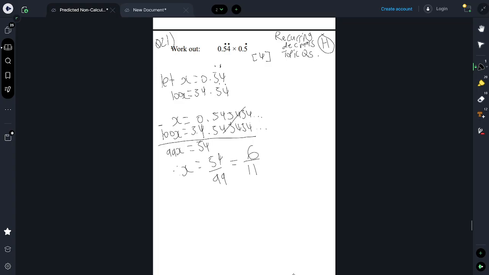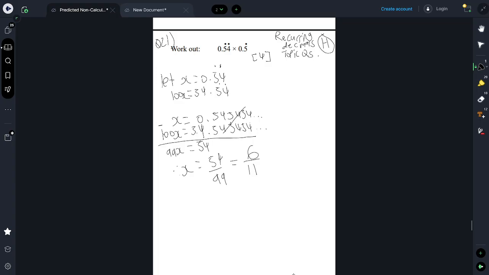That's where I got the 11 from. Let me double check: 9, 18, 27, 36, 45, 54. Yeah, that should be right. Okay, so that's x, the first decimal.